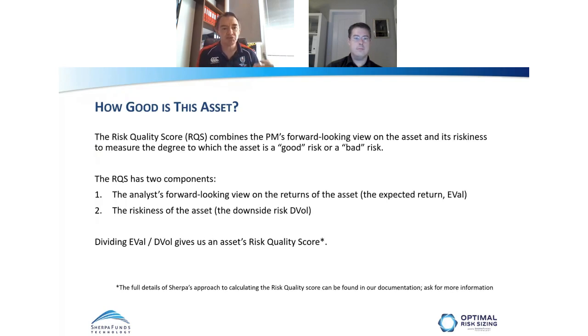And really that's a kind of ratio or a proportion of how much you like the asset, so what's your forward-looking view on it, and how risky the asset is. Clearly, the riskier it is, the lower the risk quality score, and the more you like it, the higher the risk quality score. And so, broadly speaking, we can say we take the ratio of these two numbers and add some factor to it, we get something like a risk quality score.